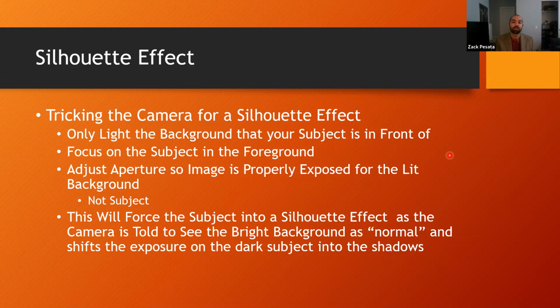So you basically underexpose the human subject in relation to that bright source. And it creates a silhouette effect. And the silhouette effect is this idea that, and it's not always a human, but a thing becomes a shadow, like a living shadow in the frame. And I'll show you what that looks like.